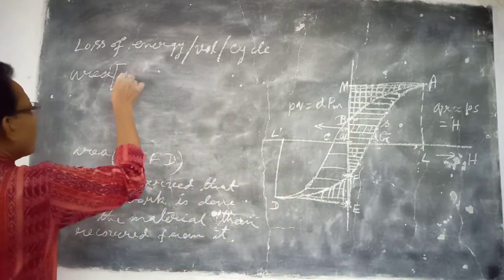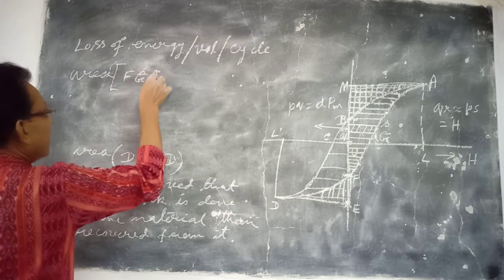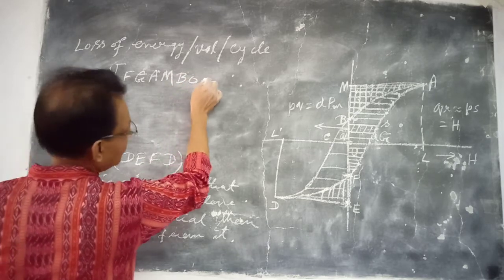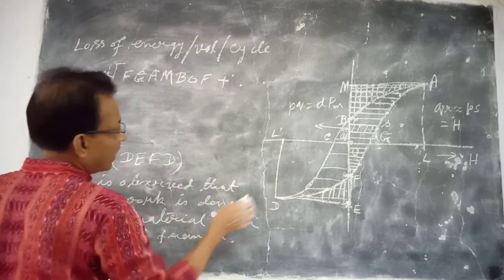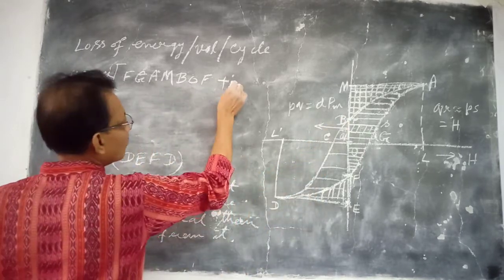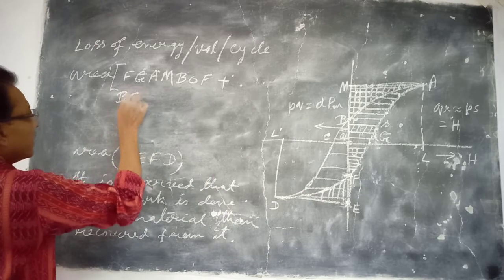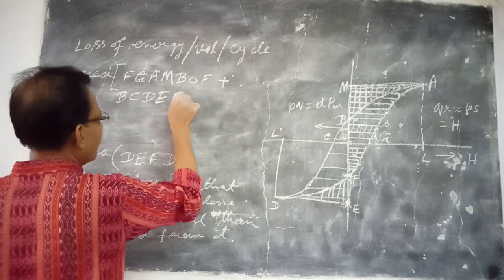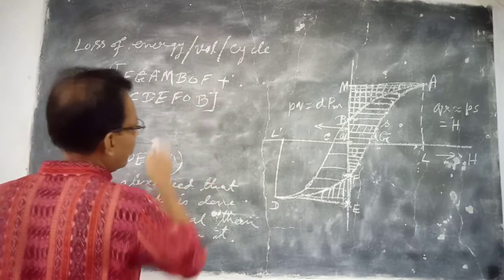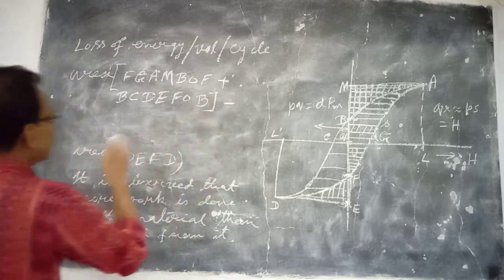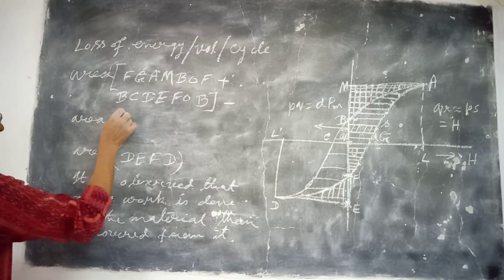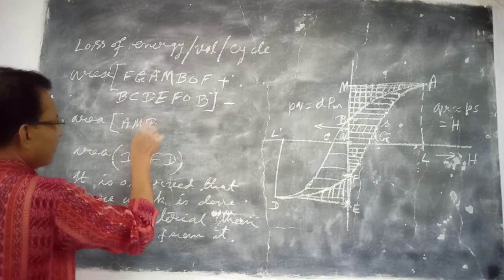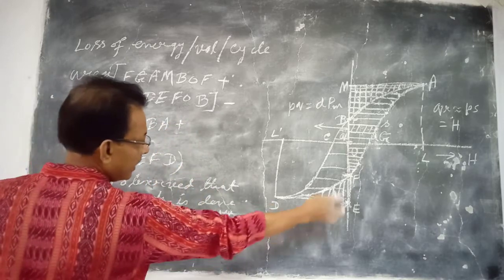FGAM plus another BCDEFOB. This is the work done on the material minus the work done by the material, which is equal to the area, this one, AMBA plus DEFD.